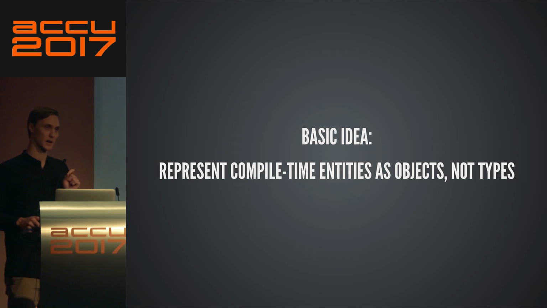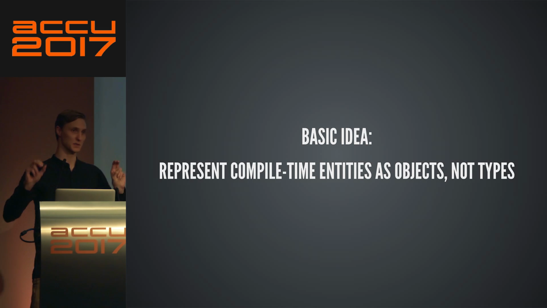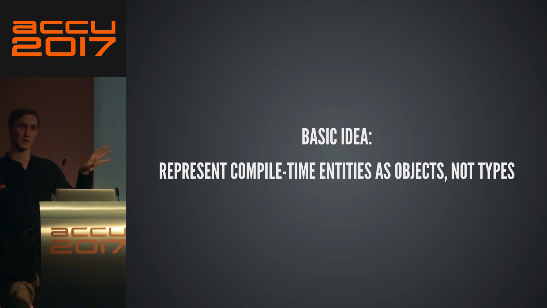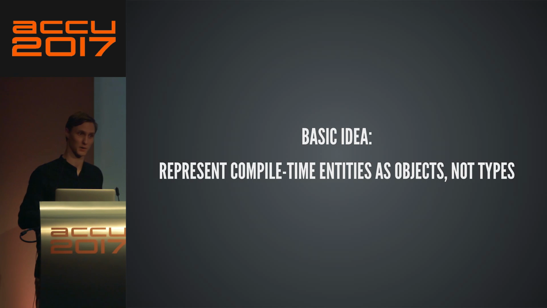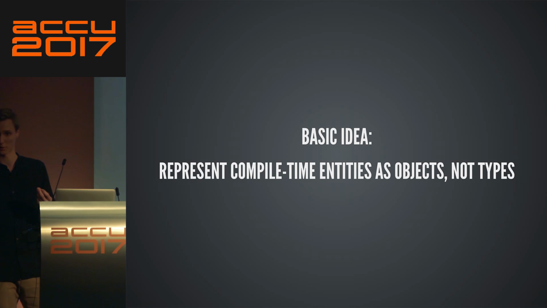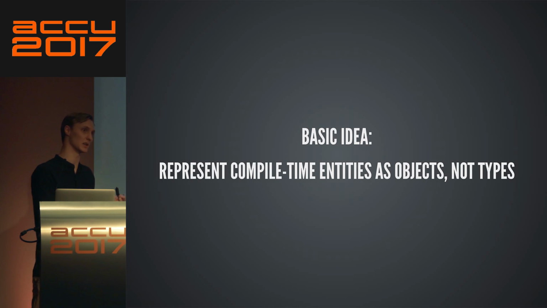And the basic idea is that instead of representing compile time entities as types, you represent them as objects. By an entity, I mean anything that is known at compile time, anything that you as a programmer can see. So if you see a type that you know is not going to change at runtime, because we can't change types of things at runtime, this is a compile time entity.